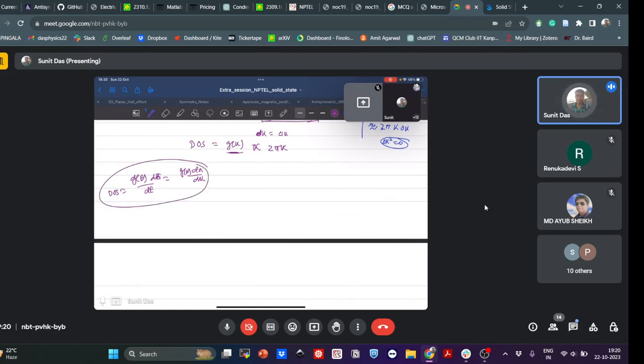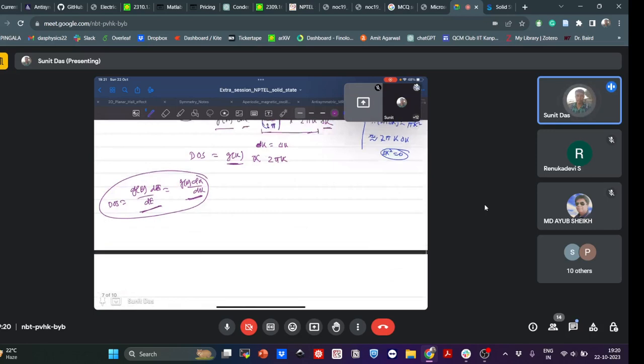Both expressions are correct. If you are working in K space, this will be useful, and in energy space, this is useful. So DOS is proportional to k, meaning DOS is proportional to energy.